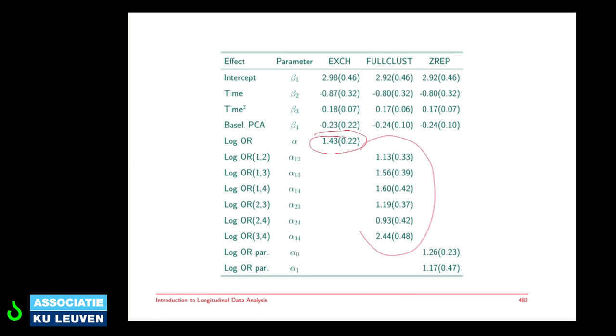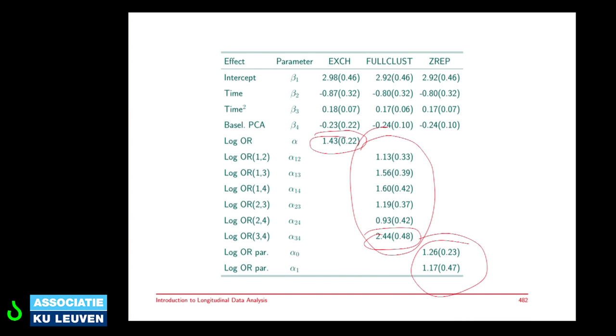Then we have the log-odds ratios for the full clustering or unstructured case, and also here you see that the last one is higher than before, in line with the correlations, but again, not something that is directly comparable in terms of magnitude. And then we have the odds ratio structure that we define ourselves with 2 parameters, which is 126 for all possible pairs, except for the last one, where it's 126 plus 1.17.